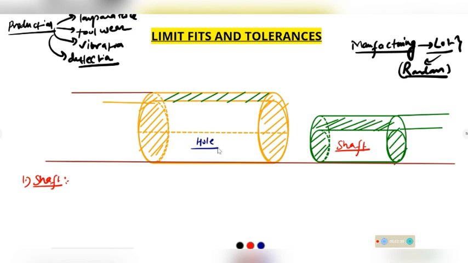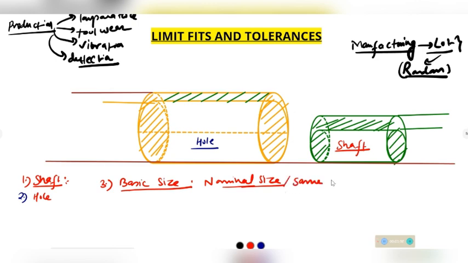Now talking about the basic size. First we read shaft, second is hole, third is basic size. Basic size is also called the nominal size, and it remains the same for both hole and shaft.